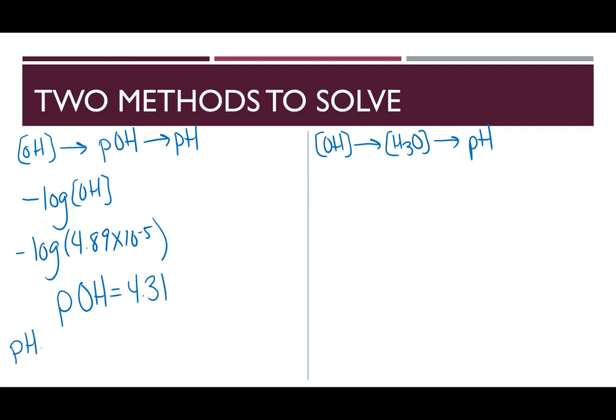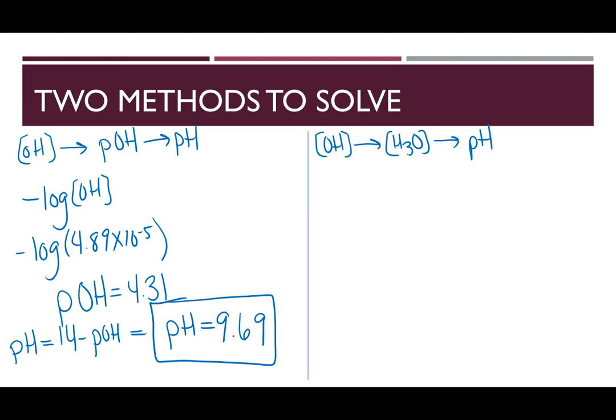And then pH is just 14 minus pOH. So pH equals 14 minus 4.31, and we get 9.69.